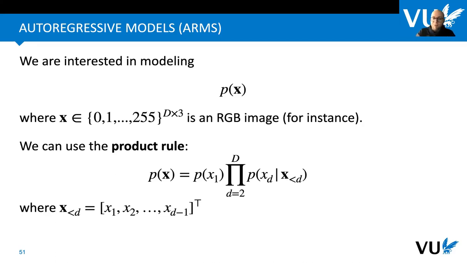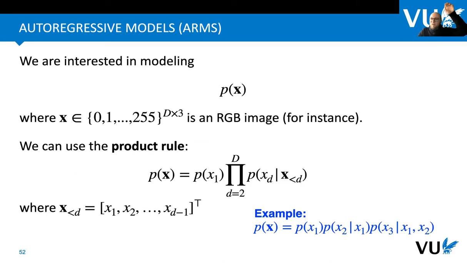Well, we can apply the product rule. So let's say that we take the first pixel, then the second pixel, then the third pixel, and so on. The product rule tells us that if you take the first pixel, you should condition on everything before. Well, we don't have anything, so it's just the probability of the first pixel. When you take the second pixel, we should condition it on everything before, so the first pixel. The third pixel is dependent on the second and the first, right?